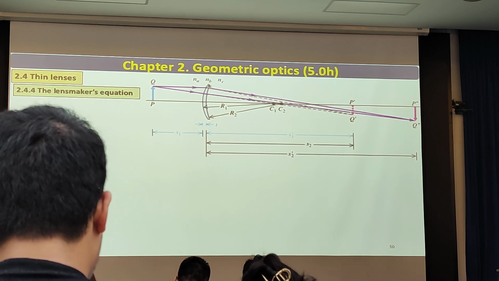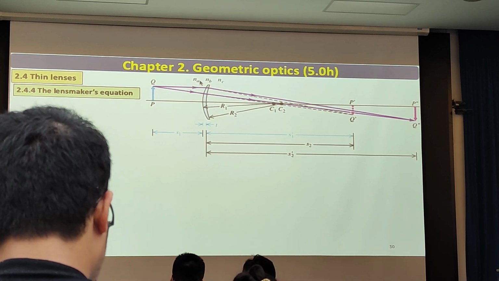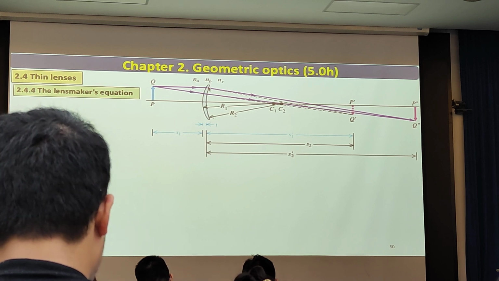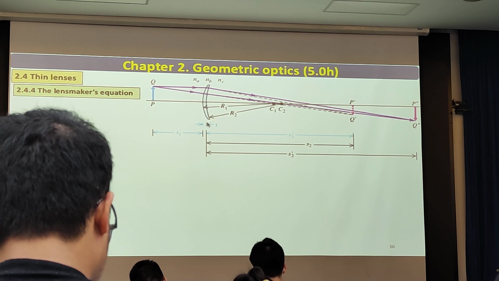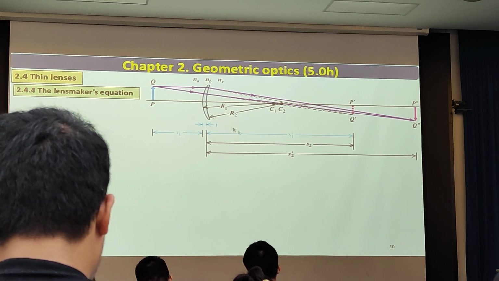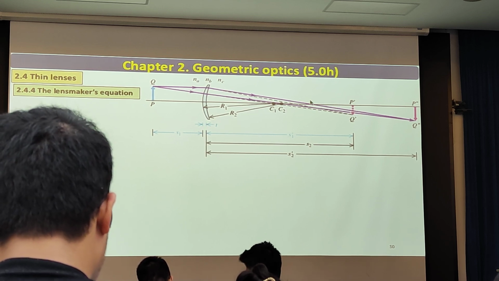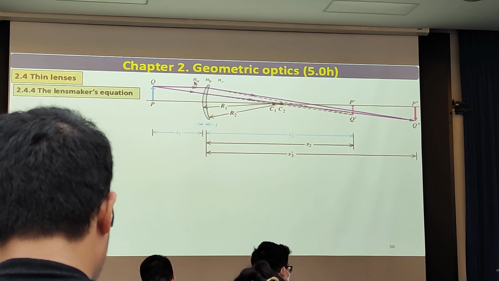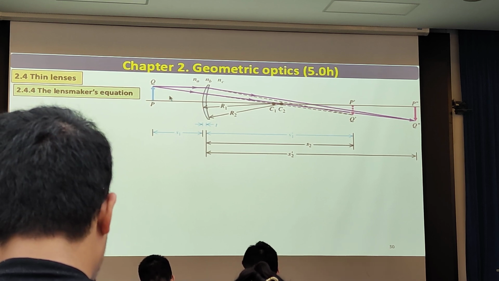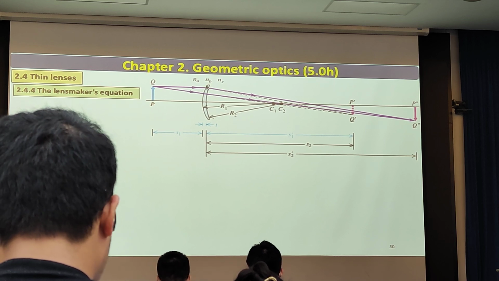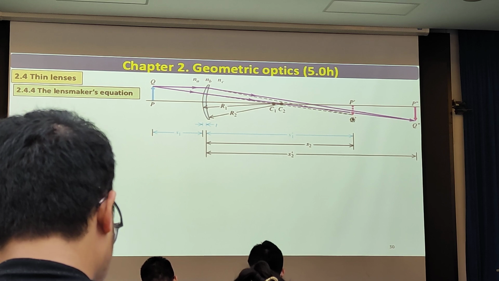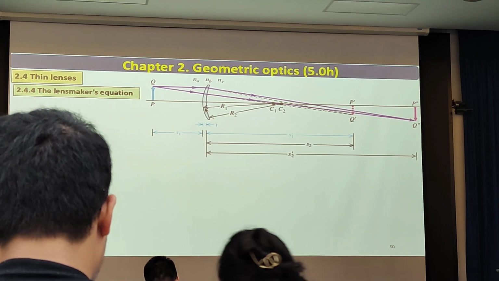And you have Na, Nb, and Nc. Na denotes the material here, Nb denotes the material formed by these two spherical surfaces, and Nc is the material on this side. So Na is the material in which the object is located, and Nb is the material in which the first image P prime Q prime is located.